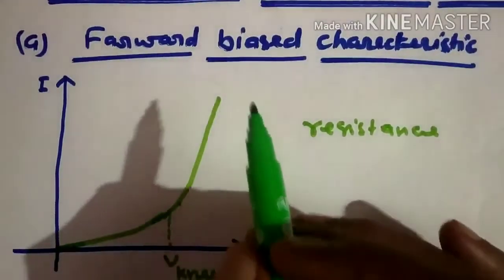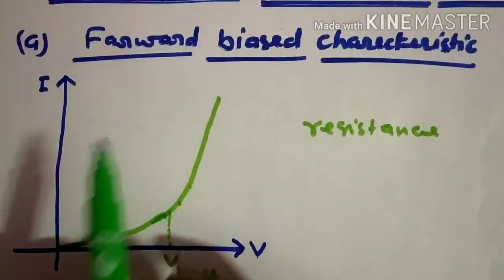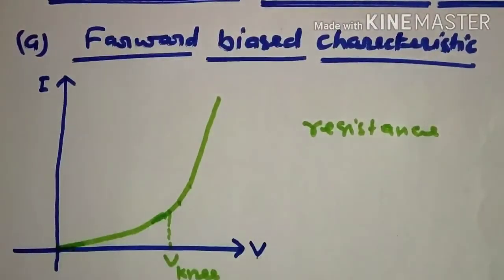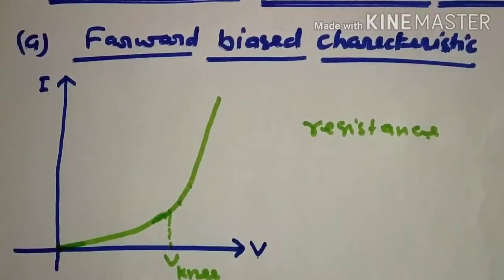Obviously, if it is not following Ohm's law, its resistance will not be constant. Resistance is constant only for those conductors where Ohm's law is followed. So this diode is a non-ohmic conductor. It does not follow Ohm's law and hence its resistance is not constant. The value of resistance keeps on changing.